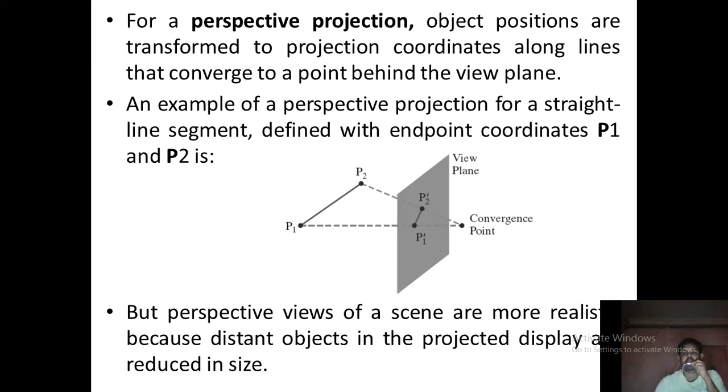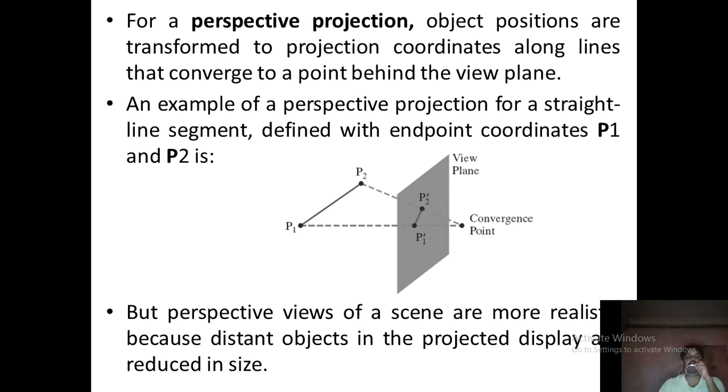P1, P2 line I want to project on my view plane, but how have I drawn it? I have drawn P1 and P2 in such a way that there is one convergence point. Then, in that convergence point, I have taken my projection view plane. On that view plane, wherever those lines are touching, there I will draw P1 and P2, right? An example of perspective projection for a straight line segment defined with endpoint coordinates P1 and P2 is like this.